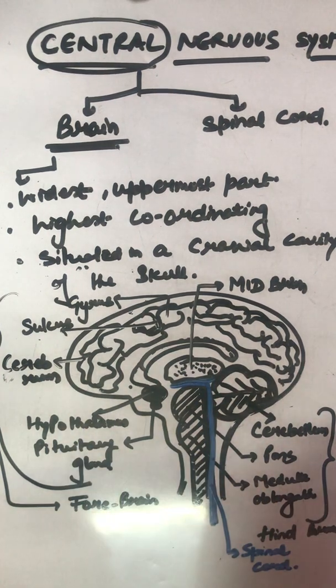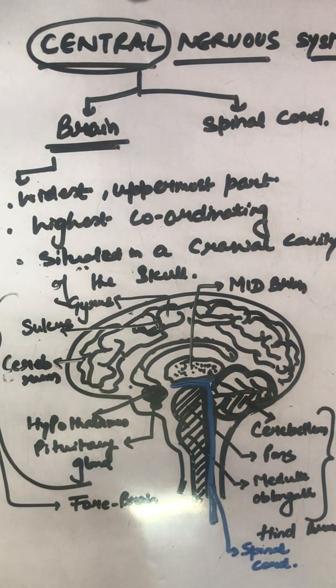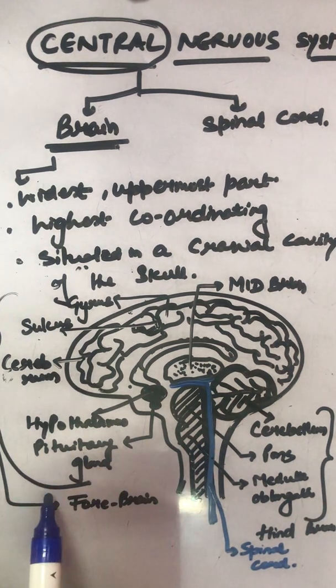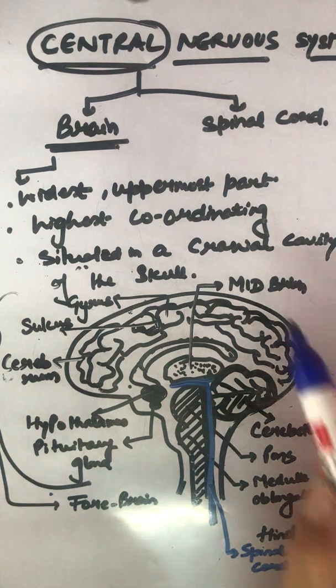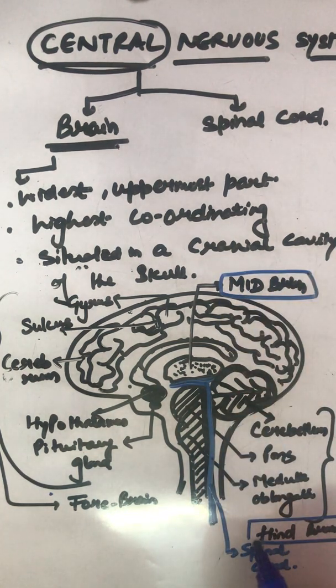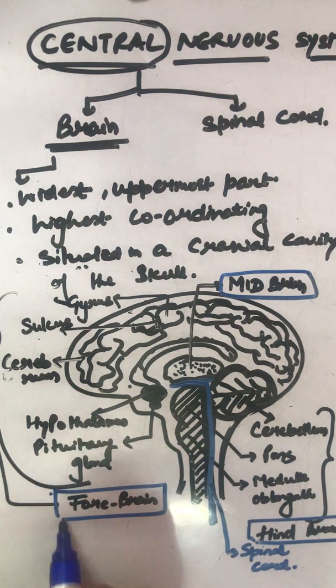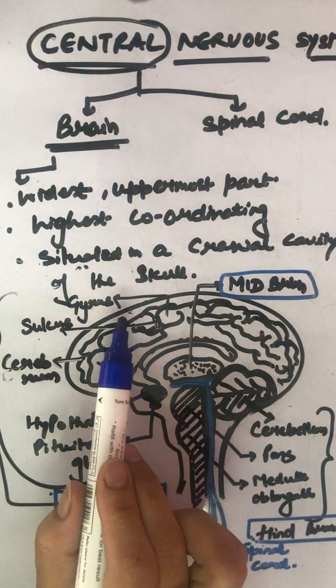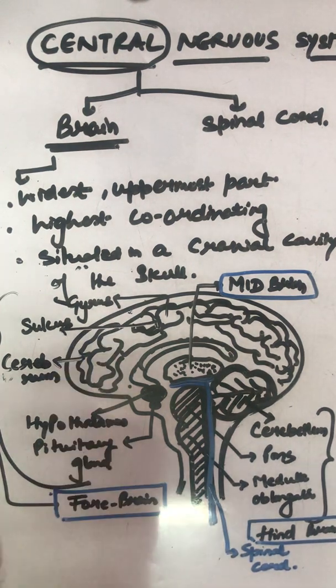Alright, this is the section of a brain, how it looks. It has three divisions: forebrain, midbrain, hindbrain. Forebrain has these meninges which have ridges and grooves.